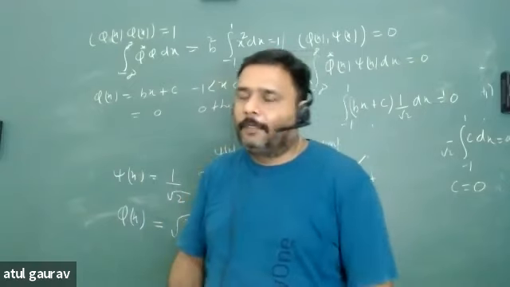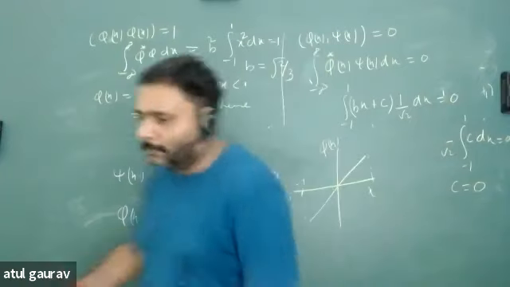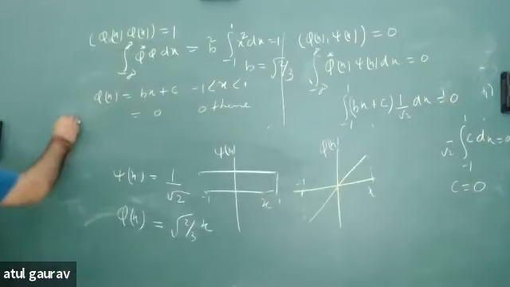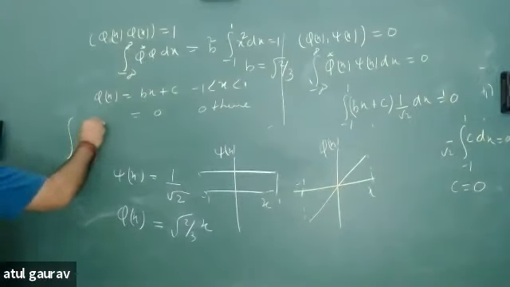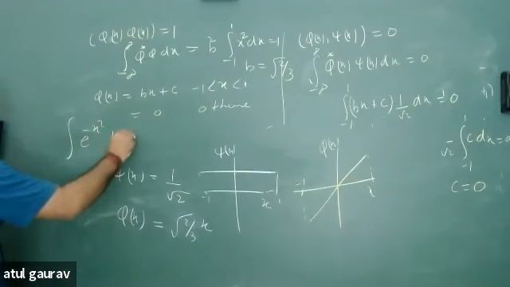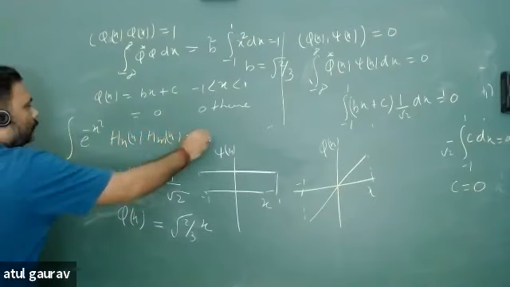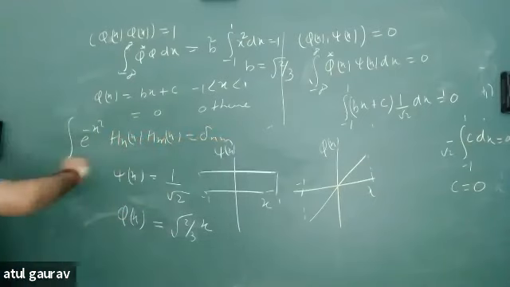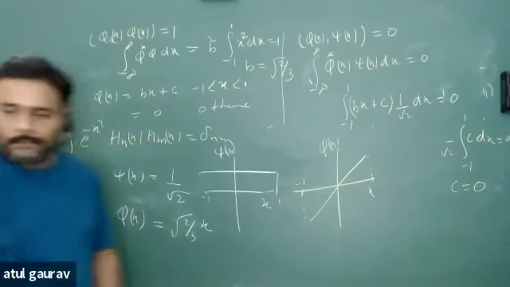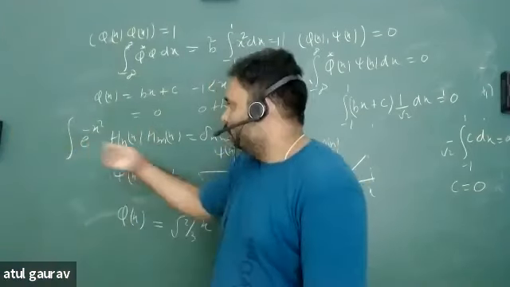For example, in Hermite polynomials, if I am correct, you have an equation of this type: the integral of e to the power minus x square, h n x, h m x, is equal to delta nm. If you have revised, you can have this kind of situation.